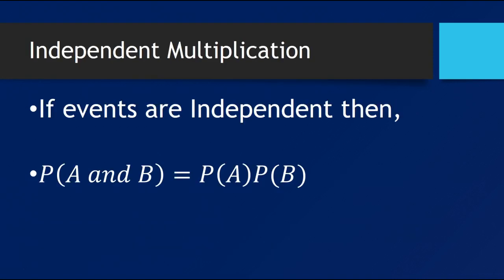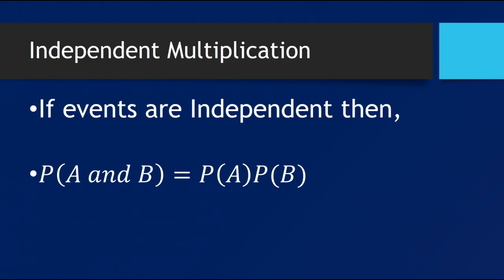Now we're going to focus on independent multiplication first, okay? It turns out that there's a really simple rule when we have independent multiplication. If two events, which we call A and B, are independent, then the probability that both happen is simply the probability that the first happens times the probability that the second happens.